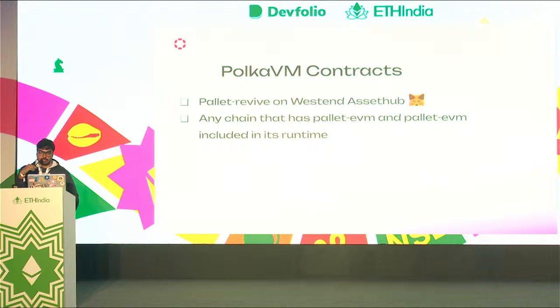To be honest, Westend Asset Hub is not the only place where you can deploy. Polkadot has 100-plus parachains, and some of those parachains have Pallet Ethereum and Pallet EVM included in the runtime. So these are also chains you can target if you are a Solidity dev.